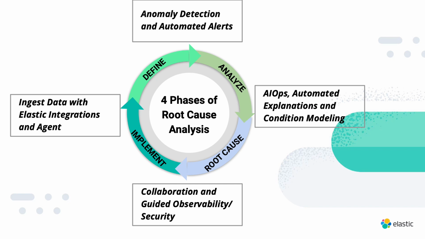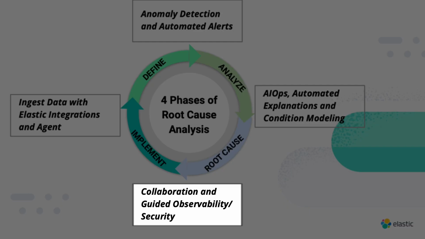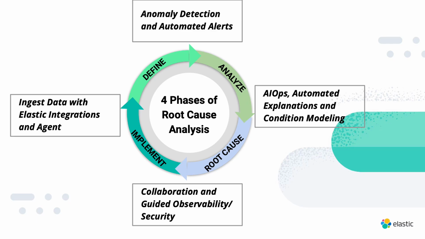In the third phase, you need to determine which of these various factors actually represent the root cause. Collaboration and interactive visuals can guide you in this critical phase of the root cause analysis process before you move on to implementing corrective action that will prevent recurrence in the future.